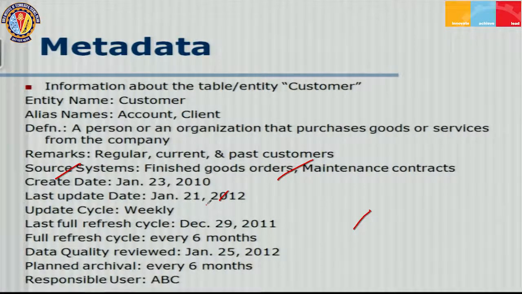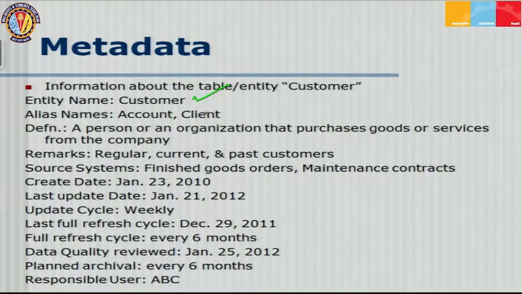Here I'm trying to give you some information about the kind of metadata that could be stored in a system where customer is a table or an entity. There are lots of things that we store in the metadata for the entities, like alias names.